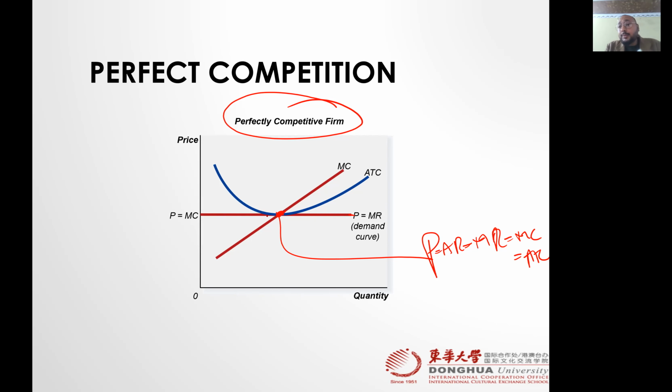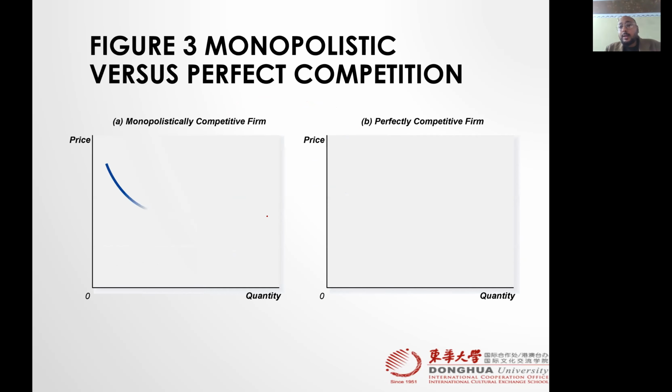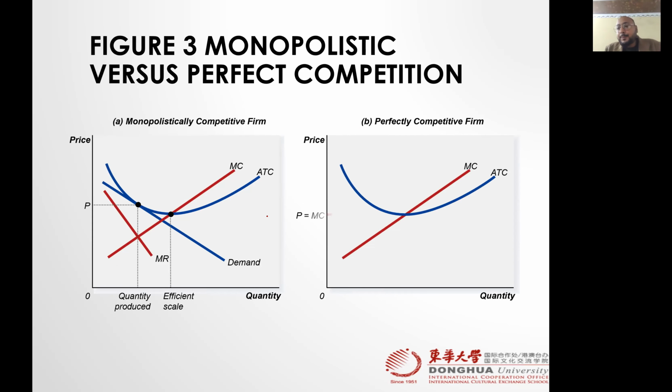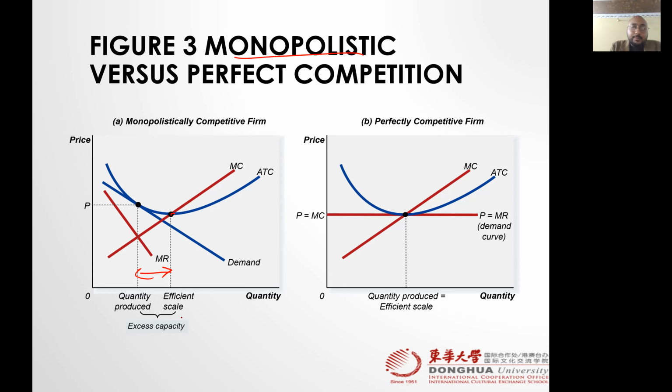But in the monopolistically competitive firm, we are not producing at efficient scale, we are producing less. So this gap is called excess capacity.